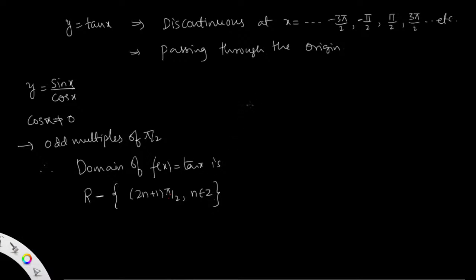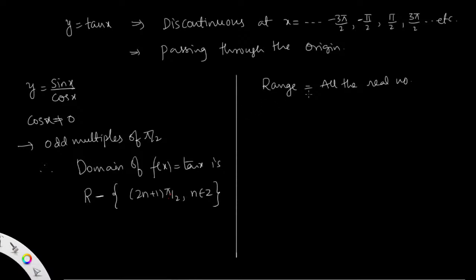But what about the range? We have to observe. The range is the most important thing. It can take all real numbers. But here the red lines are not defined.